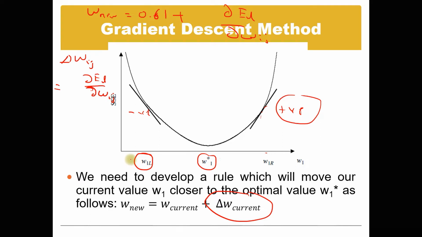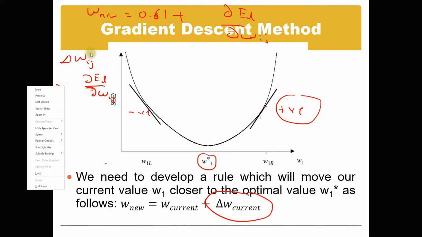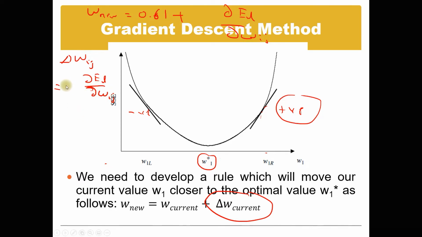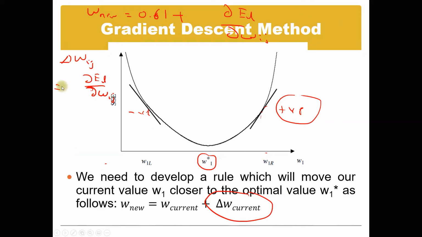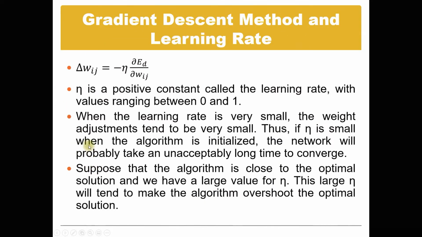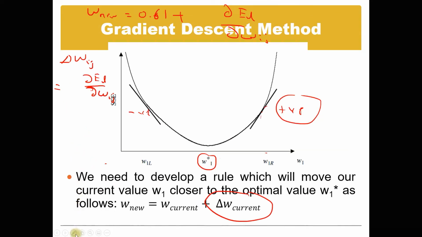If you add a negative value, you are moving to the left instead of moving to the right. So this is why you can't take the positive value of a derivative. You have to always take a minus here.